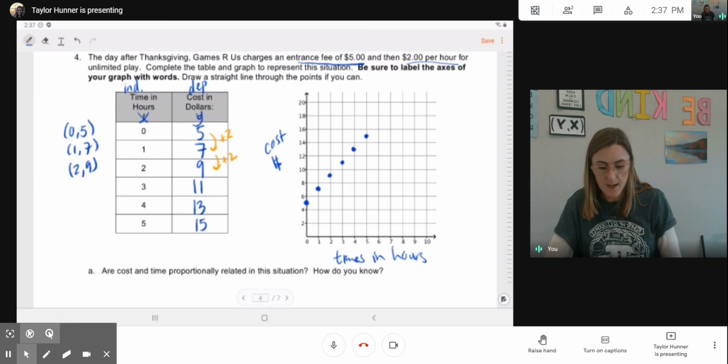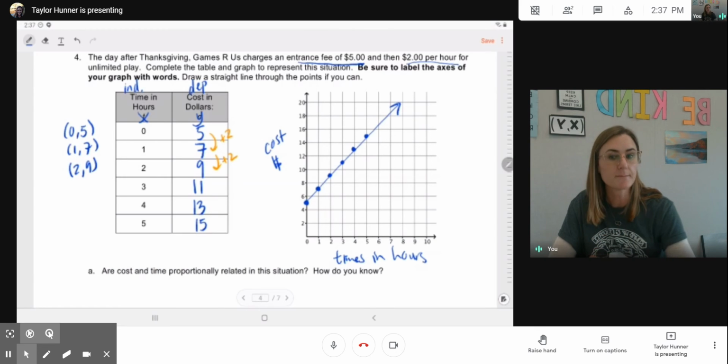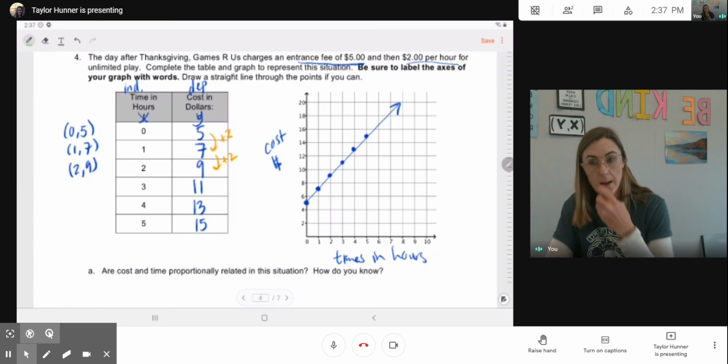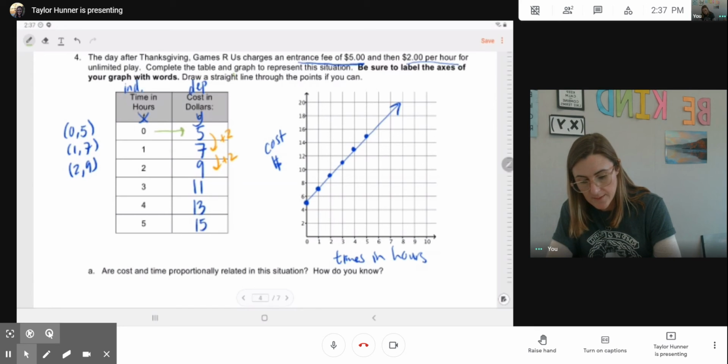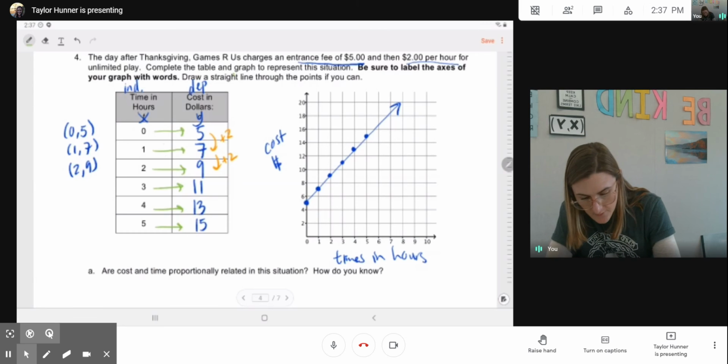Are cost and time proportionally related in this situation? How do you know? Okay, well, this is a straight line, but I need to remember that a proportional relationship, I should be able to multiply or divide by the same thing every time to get from my x value to my y value. From 1 to 7, I would multiply by 3. From 2 to 9, I would multiply by 4.5.